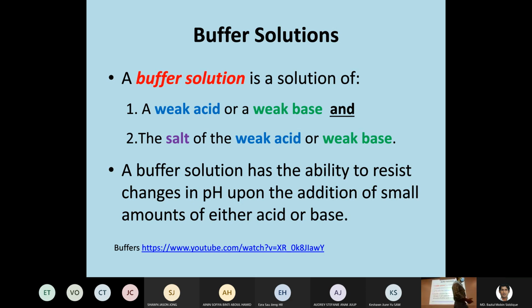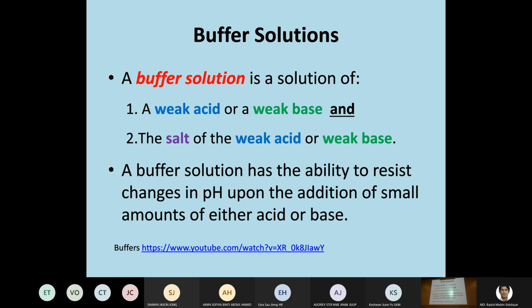And then there must be a salt of that weak acid or weak base, from the anion of that weak acid or weak base. So there should be a common ion of that weak acid or weak base in that solution, and then we have the buffer.